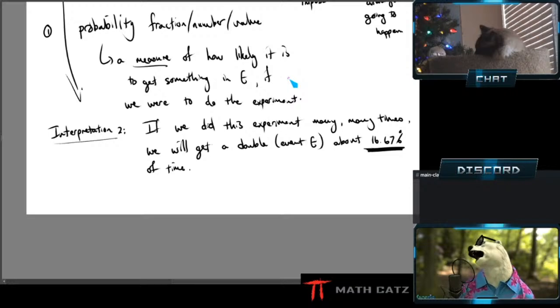Or I can think of it as a long-term average, still indicating what's likely or how likely something is, but more of a long-term view: that if I did it many, many, many times and I average the number of times I got what I'm looking for, it'll be that specific proportion, that specific percentage of my total repetitions.